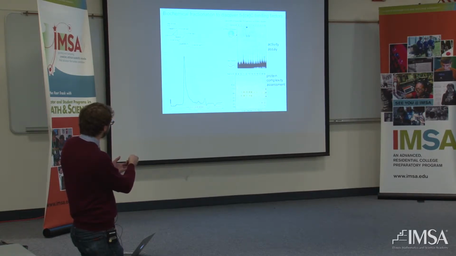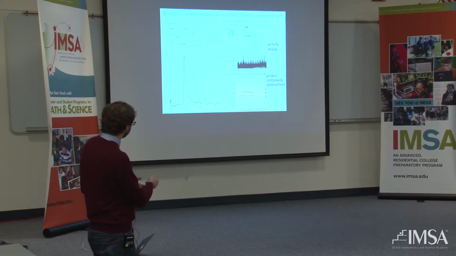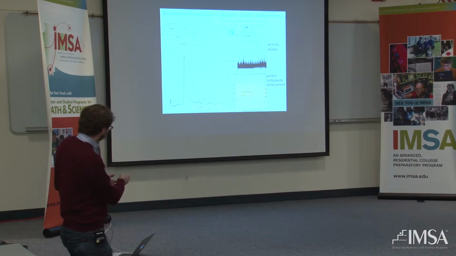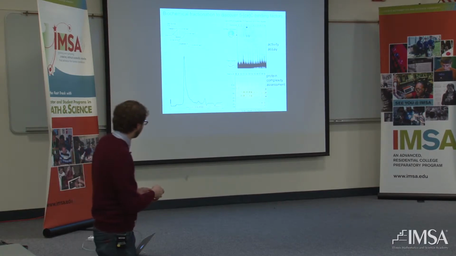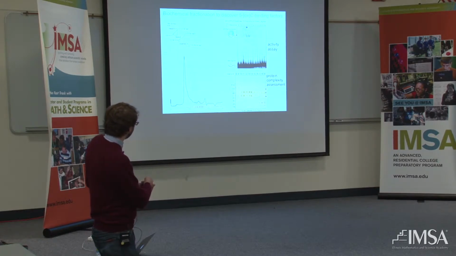The main activity we've been following is in these fractions of this particular column, and you can see the protein is relatively pure at this point. There are only a few bands on a gel, which we've identified by mass spectrometry. And so the question you might ask is, okay, you have some binding of this oligo, but is it specific for hydroxymethyl-C?